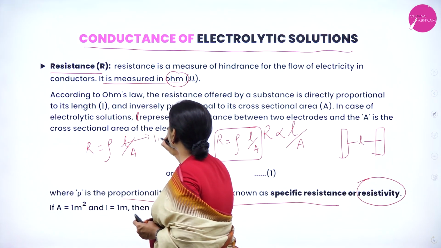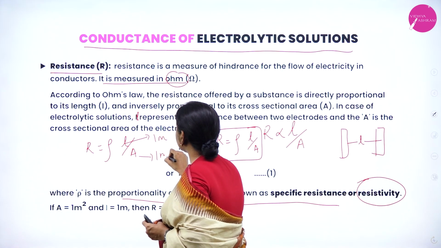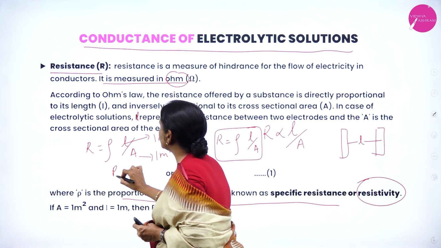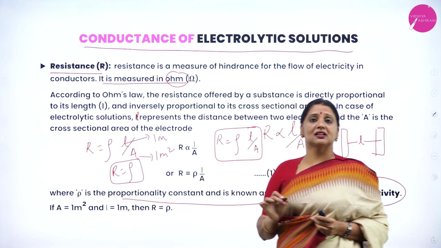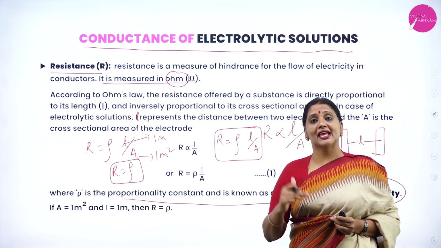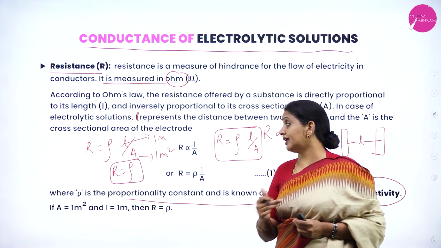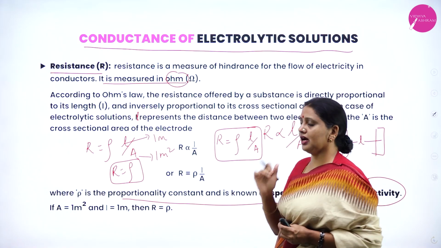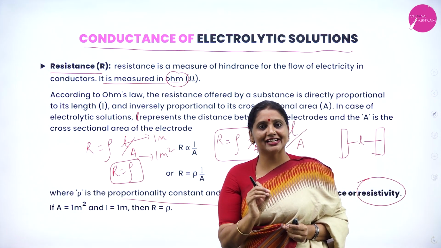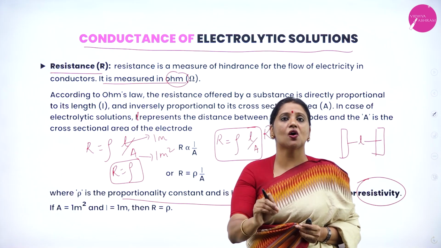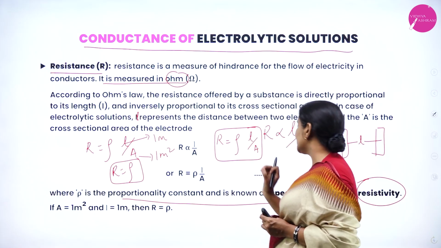When length is 1 meter and area of cross section is 1 meter square, R is equal to rho. What is rho? Rho is called the proportionality constant or specific resistance or resistivity.